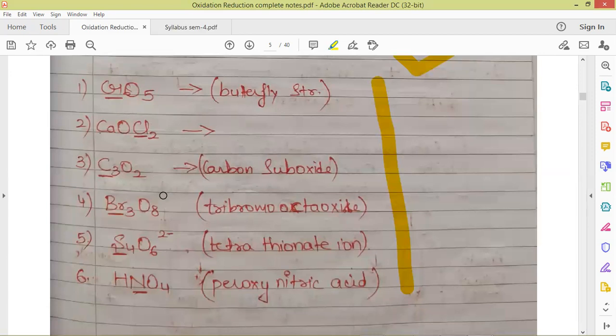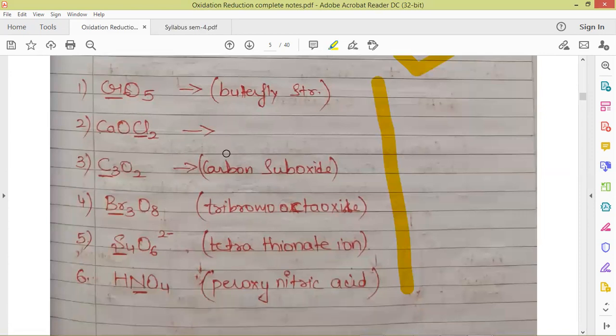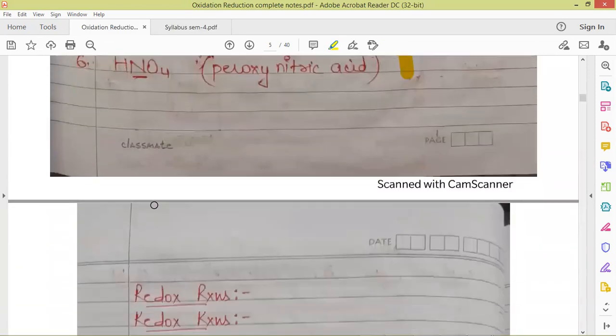If you still find any problem, I have given hints here: it has a butterfly structure, and this is calcium oxychloride, tribromo octaoxide. Here these are the general names. You will have to find the oxidation number of the underlined atom in these molecules. So this is your homework.